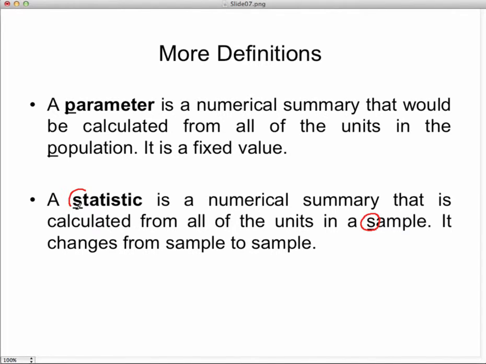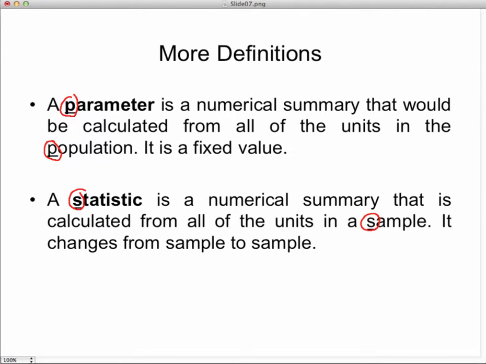So S goes with S. And population values are referred to as parameters. So if I wanted to calculate the percentage of F's in that sentence by counting all the letters in there and dividing that into the number of F's that I saw, that would have been the parameter for the percentage of F's. A statistic would have come from taking a simple random sample of size 10 of all the letters, counting the number of F's in there, and dividing that by 10.